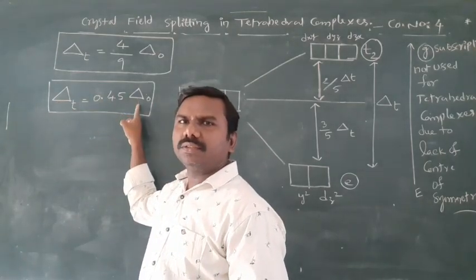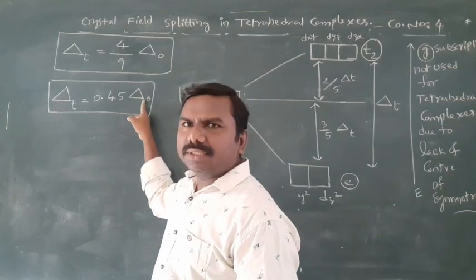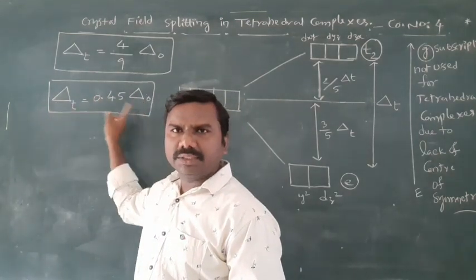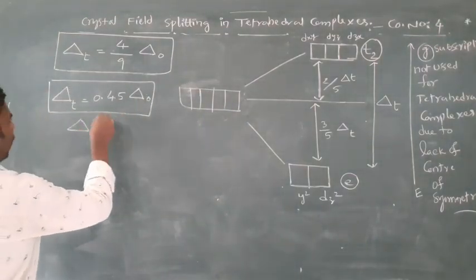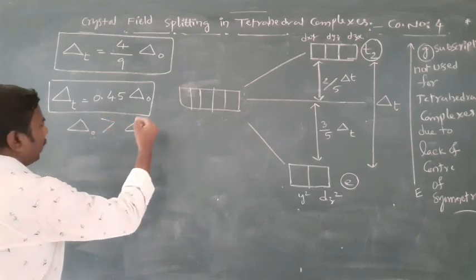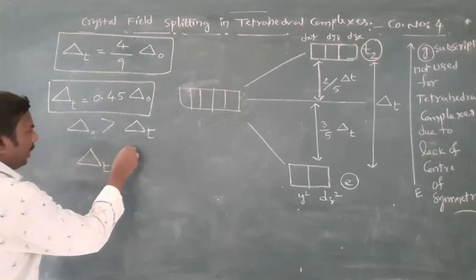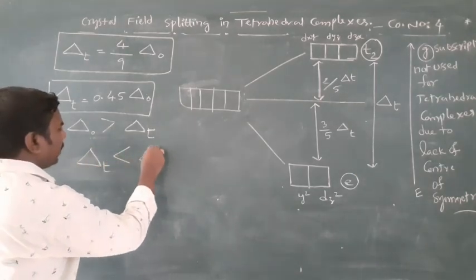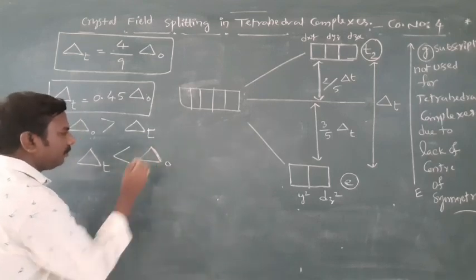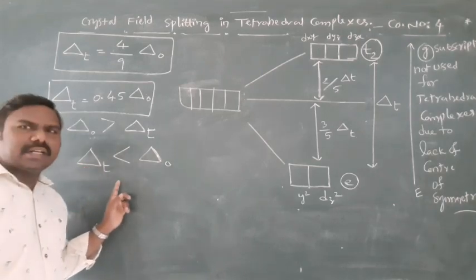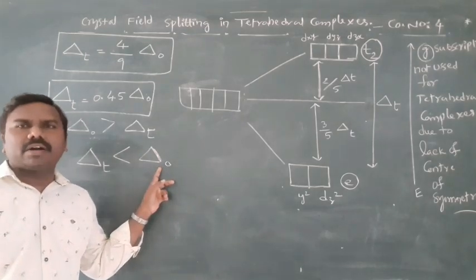Which is higher? 2 is higher than 0.9. It means delta naught is higher than delta T. Simply, delta T is less than delta naught. The meaning is the splitting energy in a tetrahedral complex is less than the splitting energy in an octahedral complex.